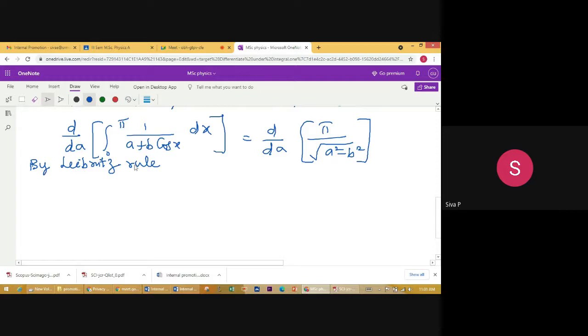So by Leibniz rule, constant limits rule, the first rule.